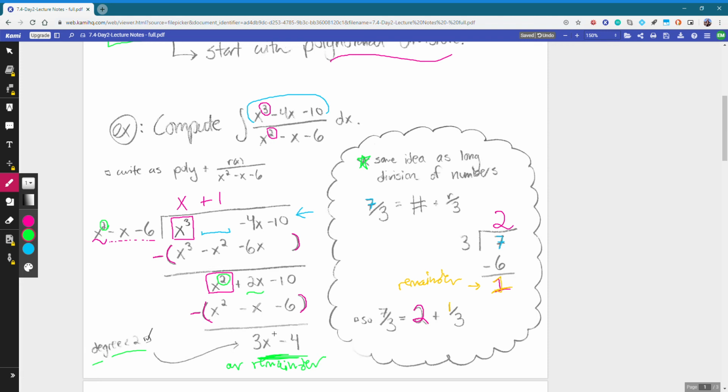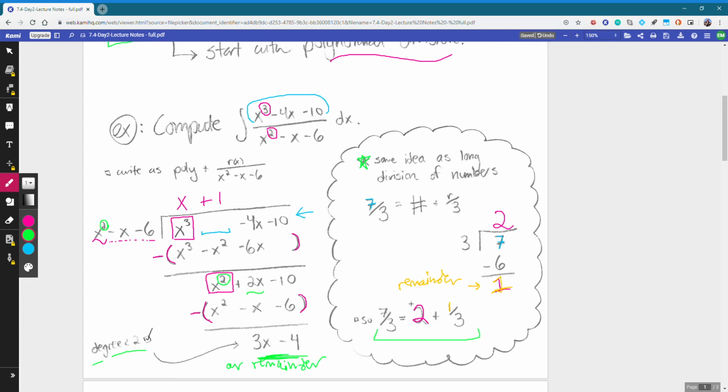Okay, and so now, just like before, we can now see how to write our original fraction. And the process is exactly what we saw over here, with our numbers.